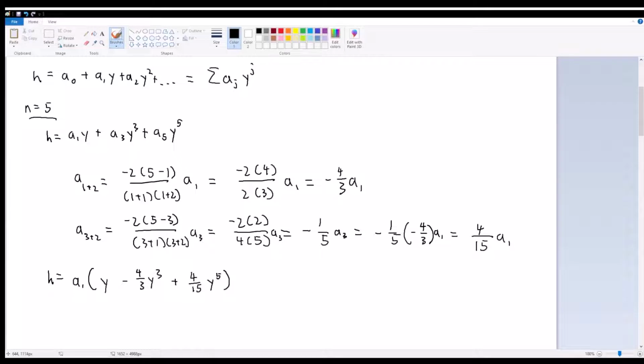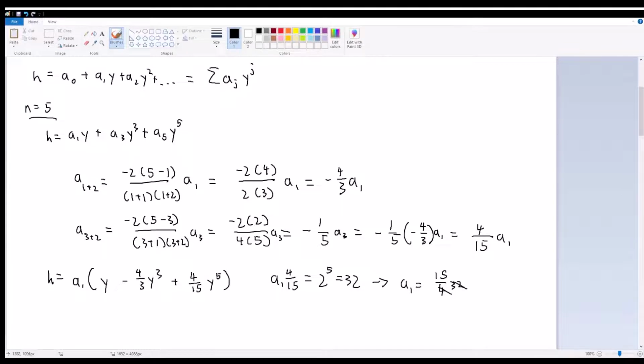And then we have the convention that the highest power coefficient has to equal 2 to the power of n. So a1 times 4 over 15, which is the coefficient of y to the 5th, the highest power, has to equal 2 to the n, or 2 to the 5th, which equals 32. 2, 4, 8, 16, 32, yeah. So that implies that a1 is going to equal 15 over 4 times 32.